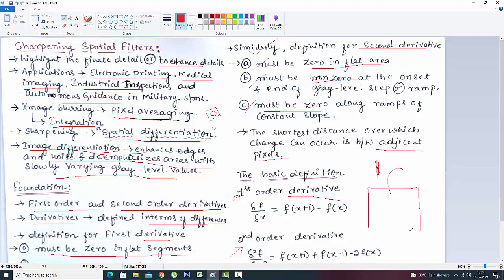Here also, if we consider the image, we are considering a grayscale image divided into pixels. So now let me erase this portion.